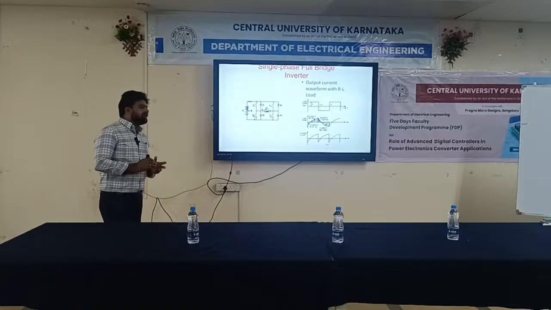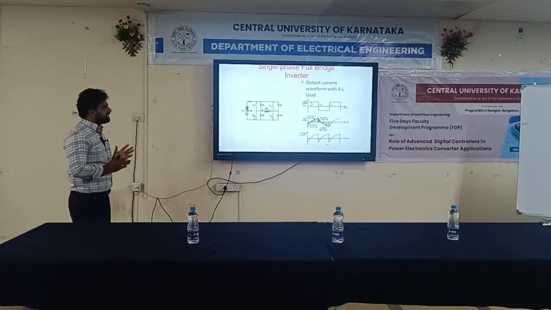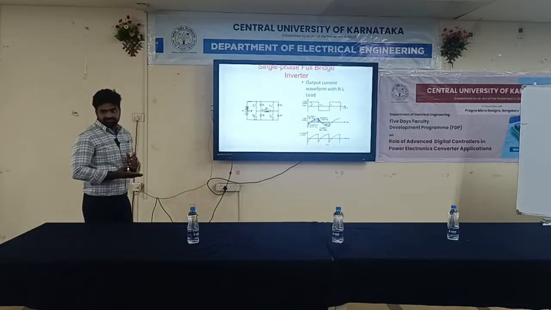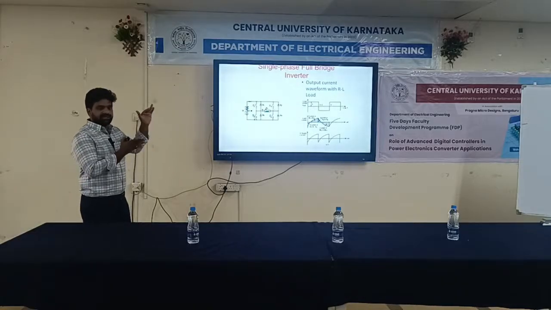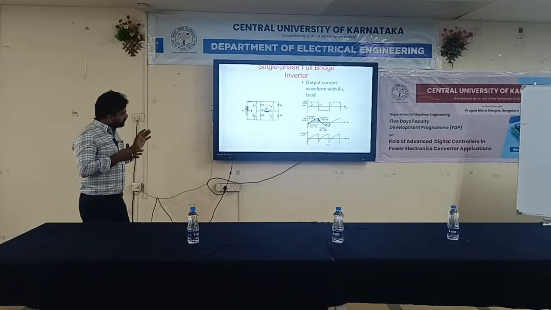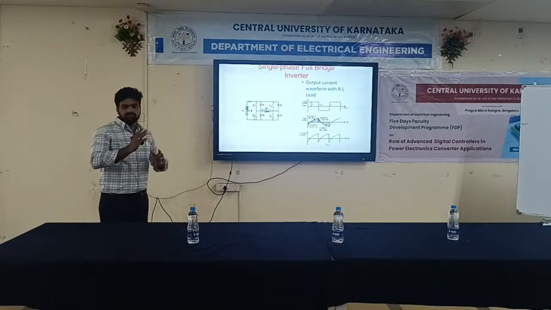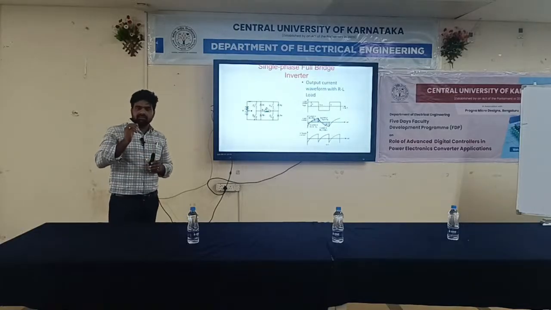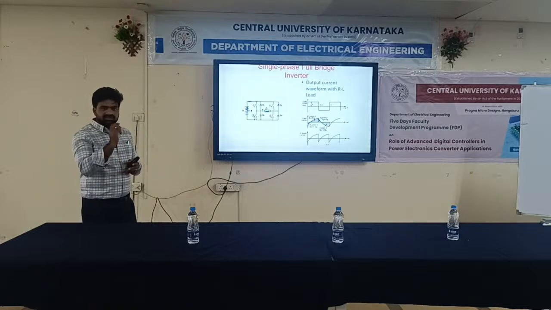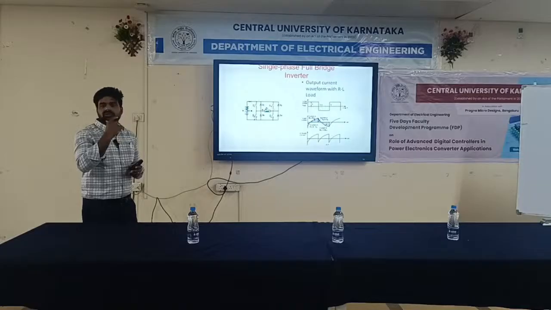So when we are connecting or using an inverter for a specific application which is operated at a specific voltage, it's not something like I use some voltage and I am getting some output voltage. The components or the power electronics content which you are using in the inverter should be able to sustain the voltage level.